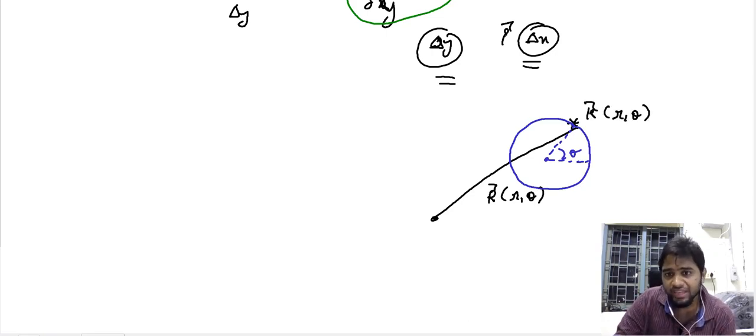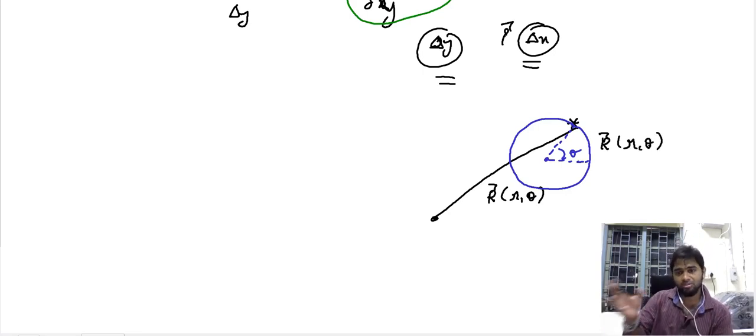Now what essentially can be done is a similar operation. We can consider neighbors along the r, and we can consider a neighbor along the theta.